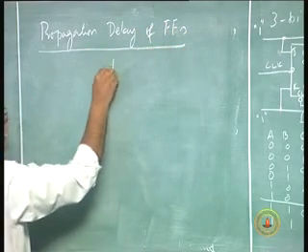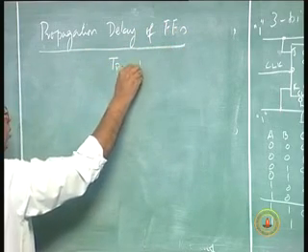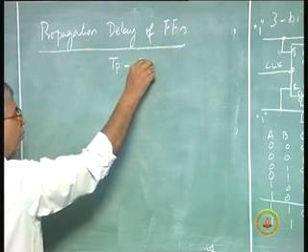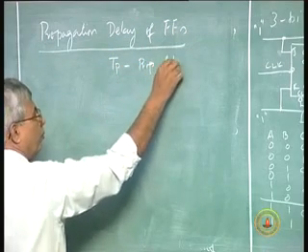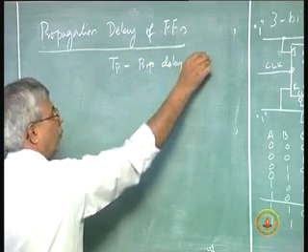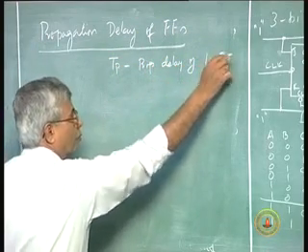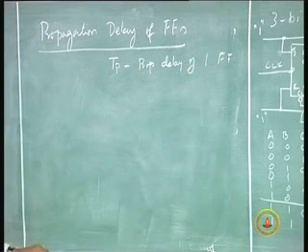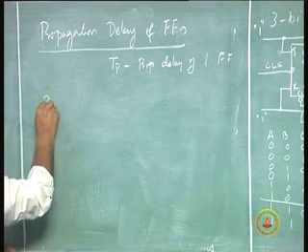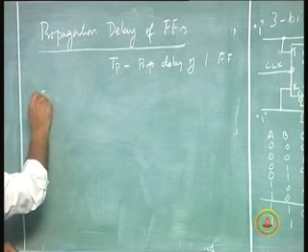Let us assume Tp to be the propagation delay of a single flip-flop. So we have 8 flip-flops, 2 power n, 2 power 8 for your 8 as an example.